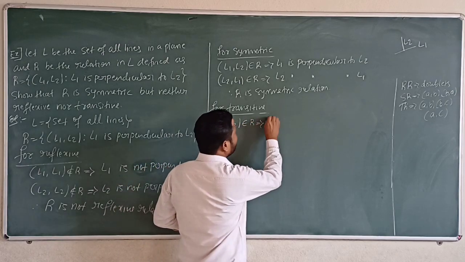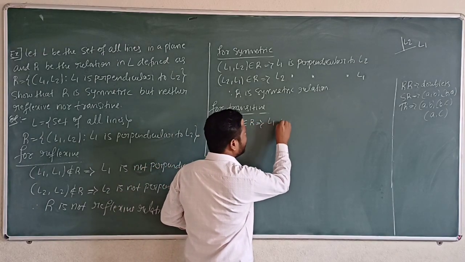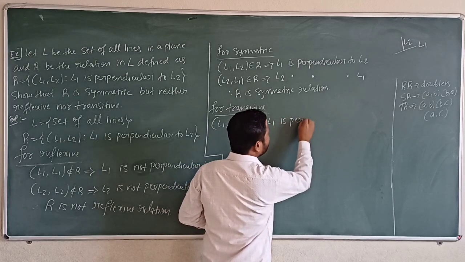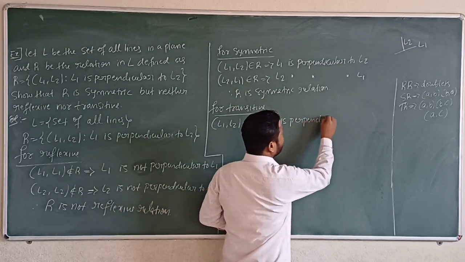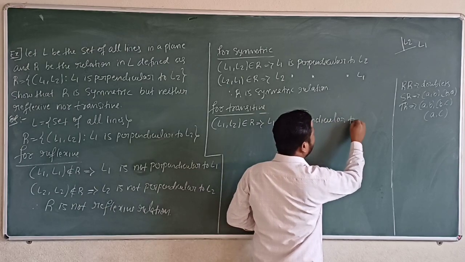Take it that (L1, L2) belongs to R. It implies, write down the relation: L1 is perpendicular to L2. I will draw the diagram here. L1 is perpendicular to L2.